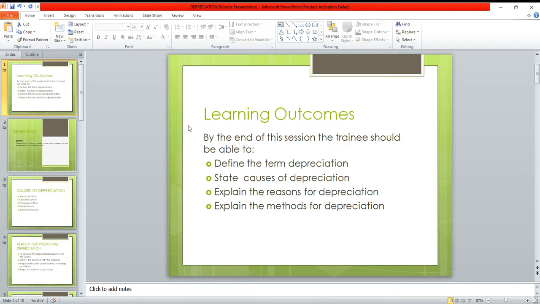And lastly, we are also going to have a look at some methods that are available for calculating the depreciation values. So those are some of the objectives that we'll be going through one at a time.